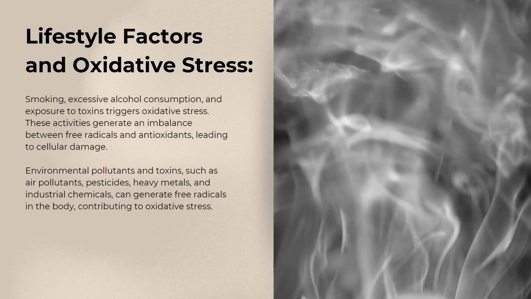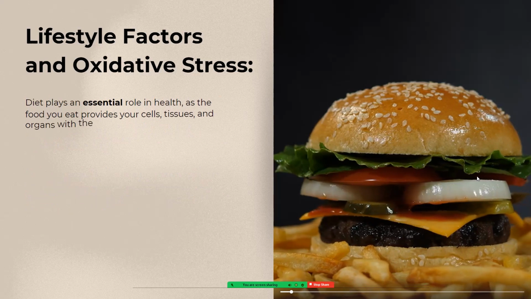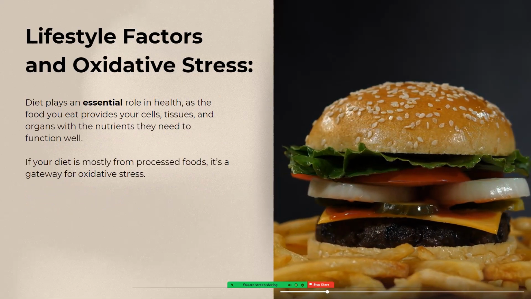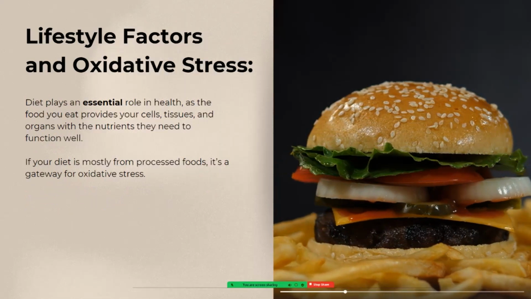And the idea that cigarettes are toxic, that's elementary stuff. We all know that it factors in with the major killers in our society. But let's talk about a factor that's not so obvious: food, something that we all need. Diet plays a significant role in influencing the level of oxidative stress in the body.